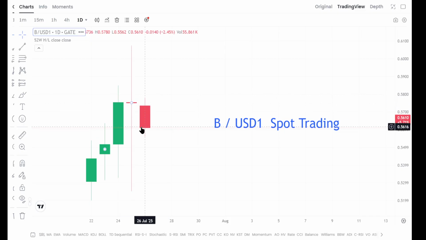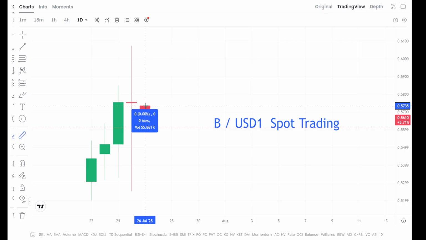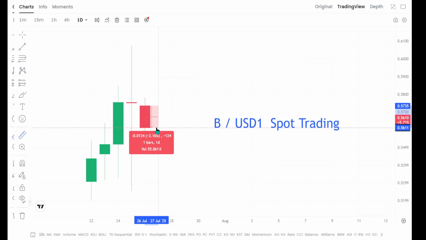Next day, the market price had dropped because there was a doji candlestick. The market price of B was open at this point. This is a red candle, so the market price will open on the top side. The market price went down and was closed at this point. So the market price of B was open at 0.5735 USDT.